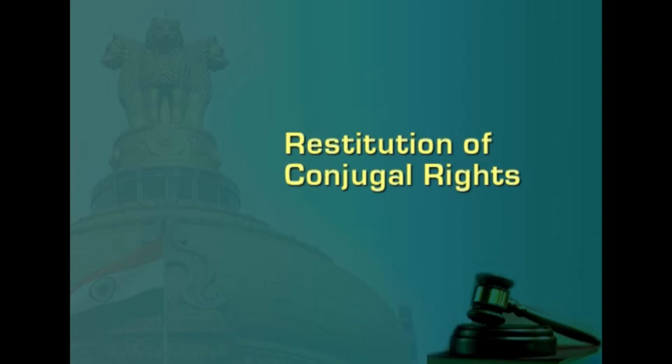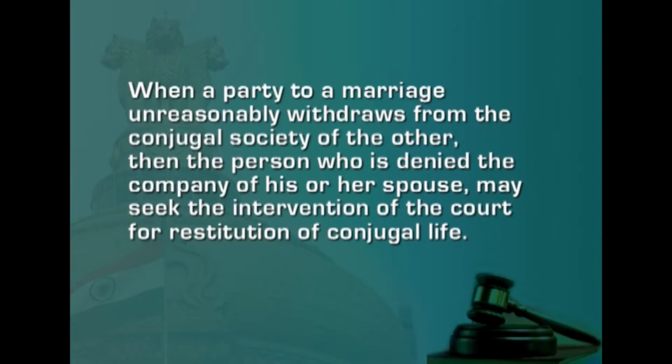We shall now examine the rights of women under restitution of conjugal rights. The parties to a marriage need to live together for the fulfillment of their marital obligations. When a party to a marriage unreasonably withdraws from the conjugal society of the other, then the person who is denied the company of his or her spouse may seek the intervention of the court for restitution of conjugal life.